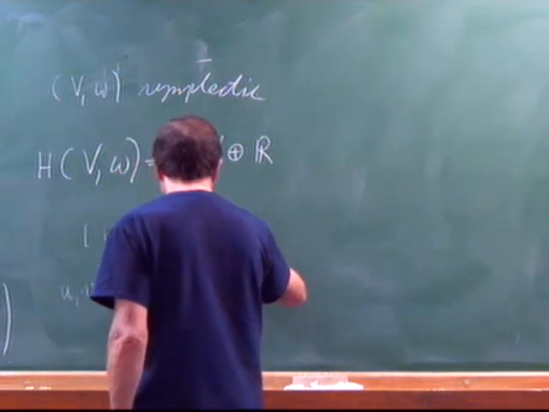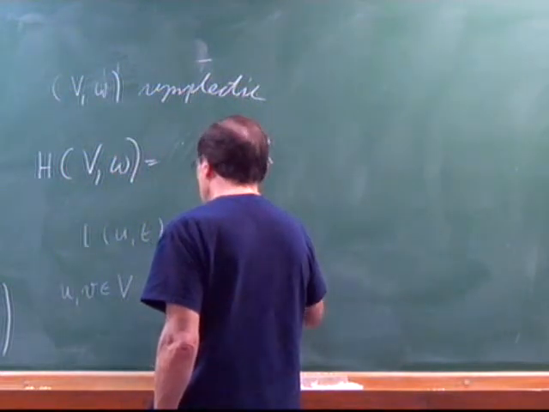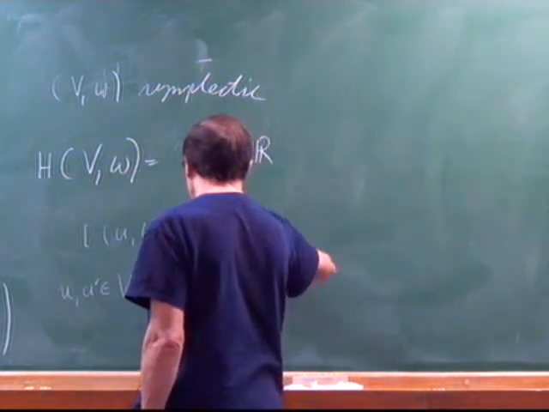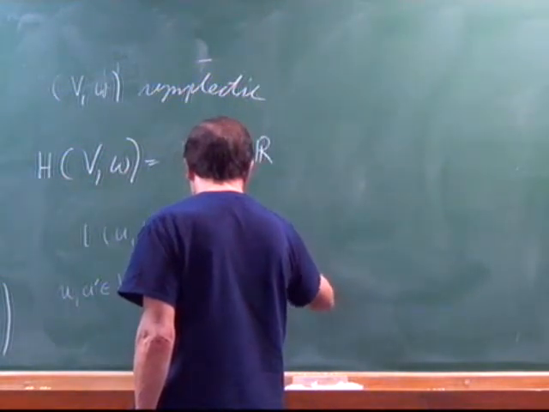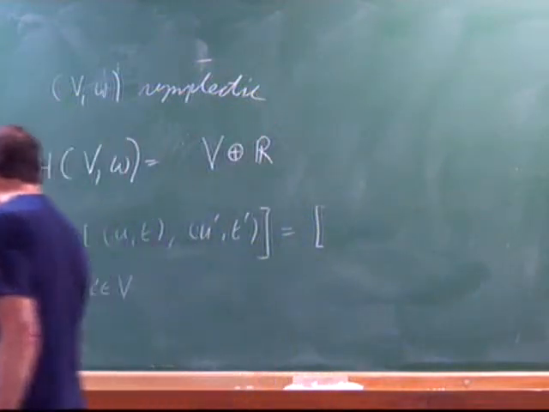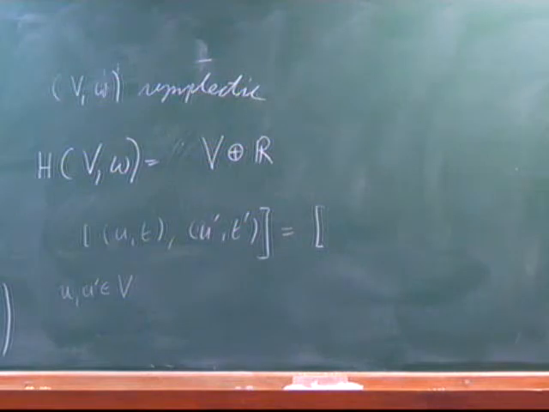Of course, my convention was u prime, I have to differentiate. Let's look at what happens over here. Vectors are simply added.